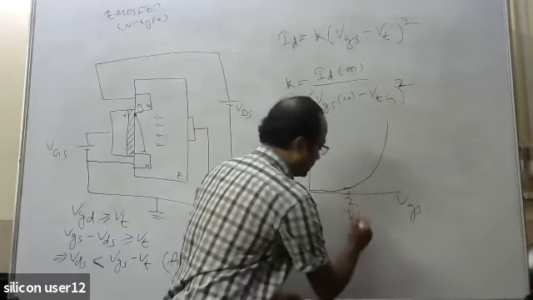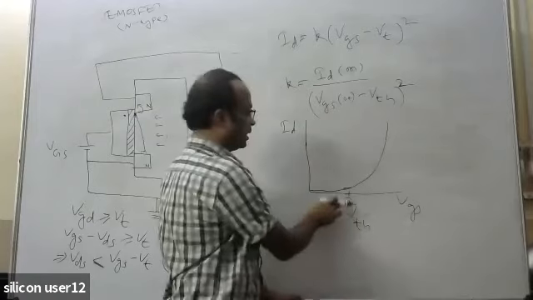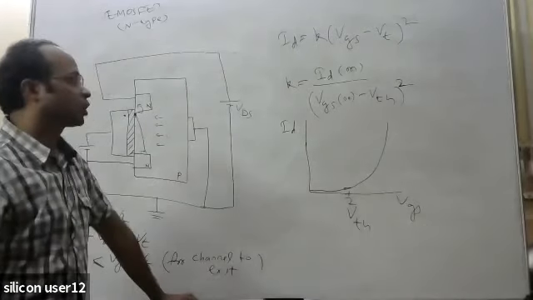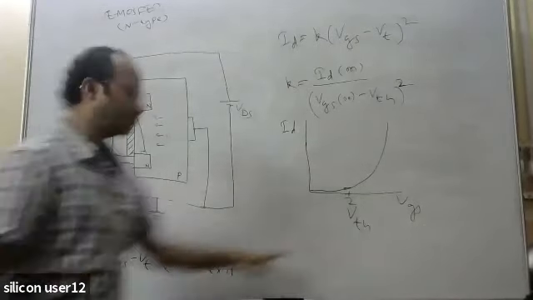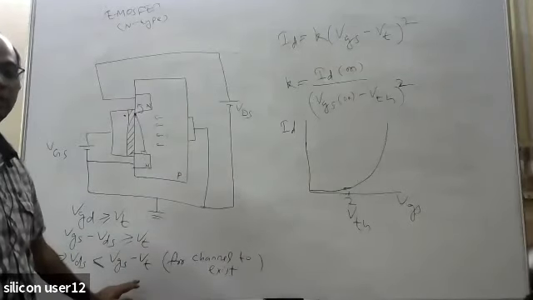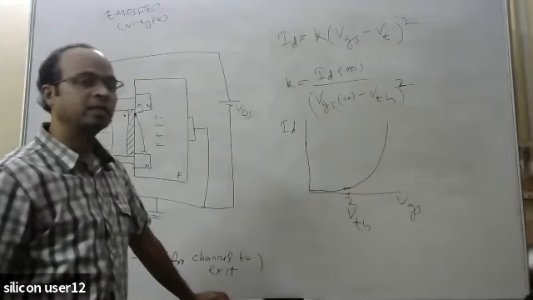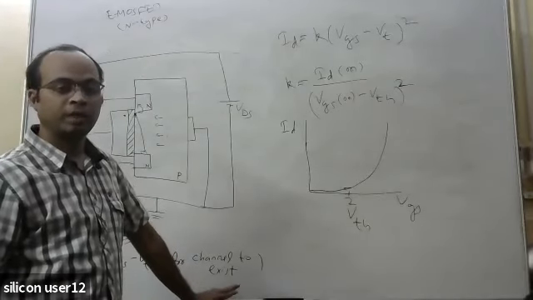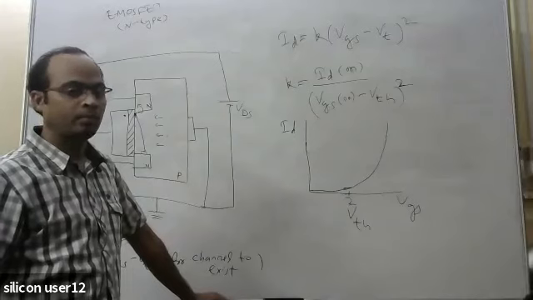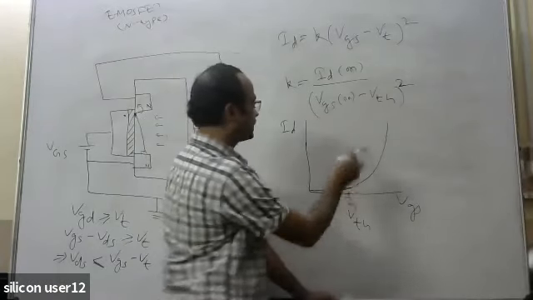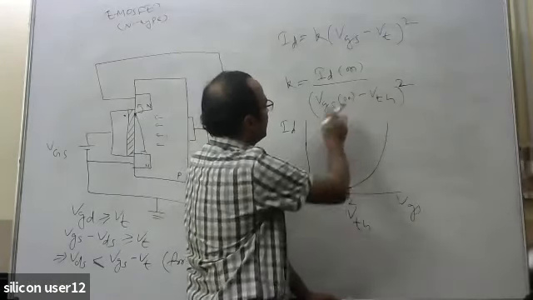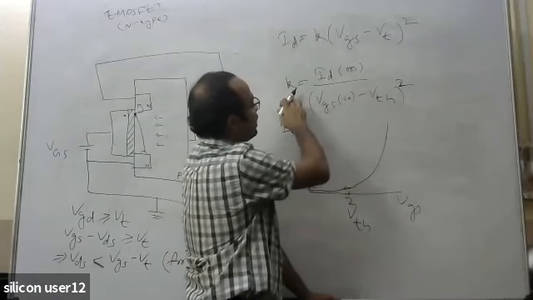So let us say VTH is 2 volt. Sometimes I am writing VTH and sometimes I am also writing VT, but both are the same. In different places they are written as threshold voltage, VTH or VT, all are the same. So how can you calculate K?